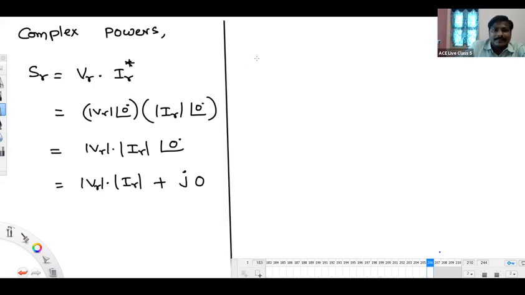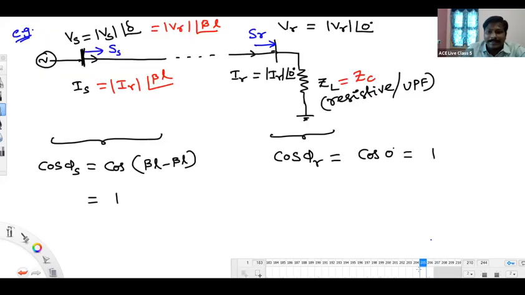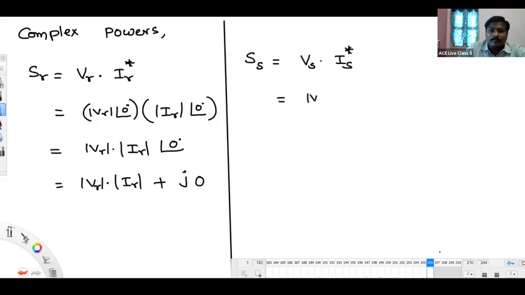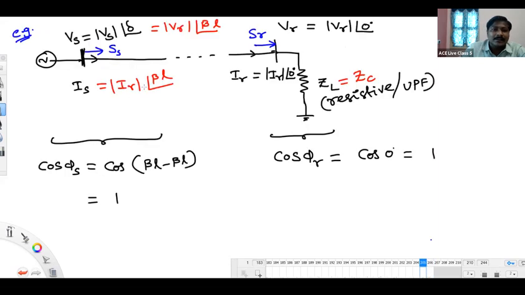Next step, SS, the sending end side complex power. You know it is VS into IS conjugate. What is VS here? Just look back. VS is mod VR at an angle beta L. What is IS conjugate?